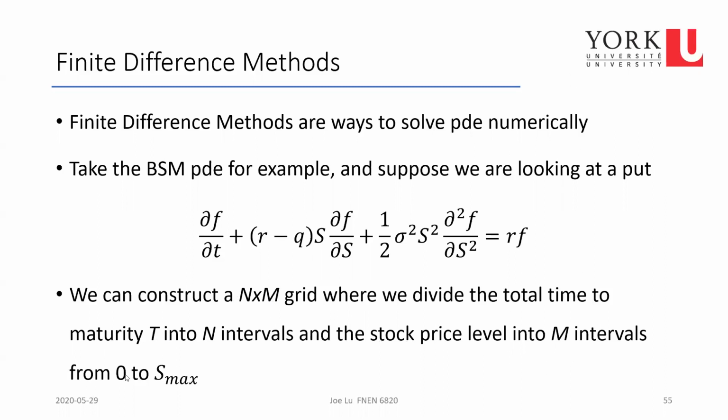So the stock price will go from 0 to S max, some very large number, and then you divide that into m different intervals, and each delta S will give you an increase of price, and each delta t will take you from the current time one time interval into the future.